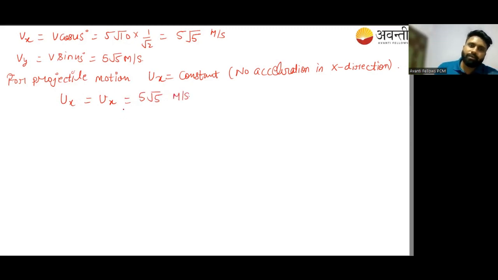Now, to calculate the value of uy, we can apply the second equation of motion.